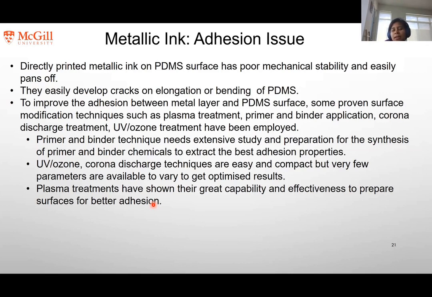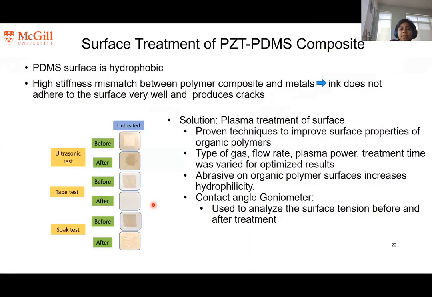UV, ozone or corona discharge techniques are easy and compact, but there are not too many parameters that you can play around with to optimize the process and get the best adhesion property. On the other hand, plasma treatments are not that complicated, and also showed pretty good capability and effectiveness to prepare the surfaces for adhesion. So we used plasma treatment.